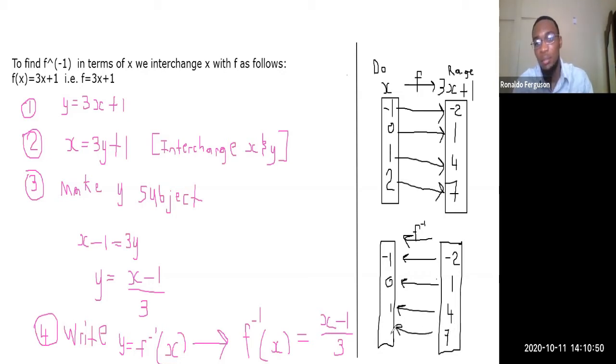So of course we can make some conclusions about the inverse of a function. This is the domain, and this is the range.